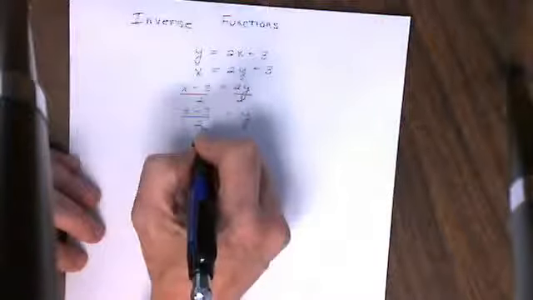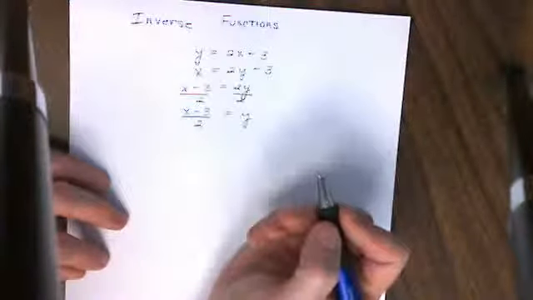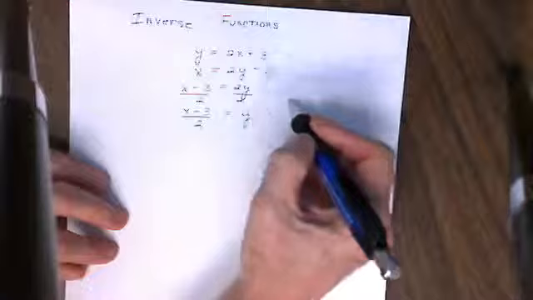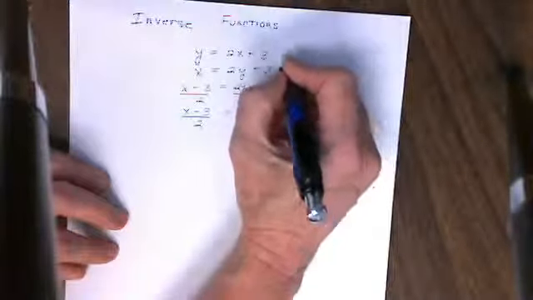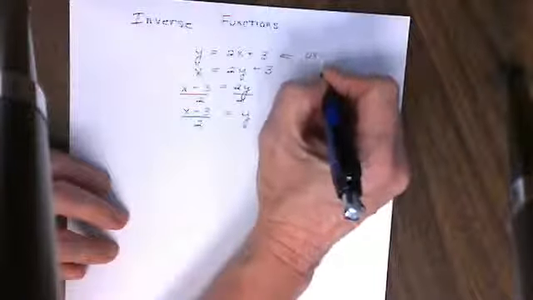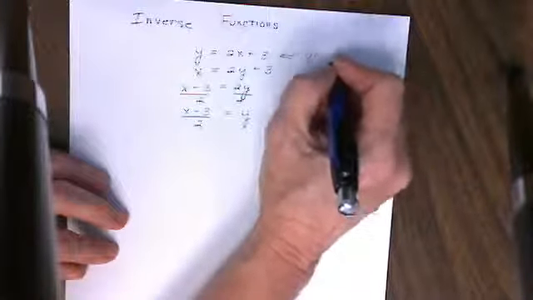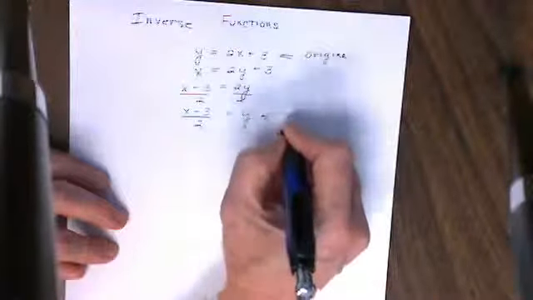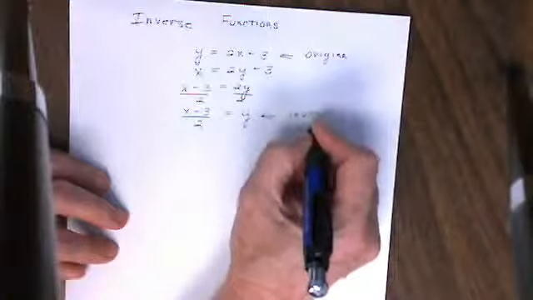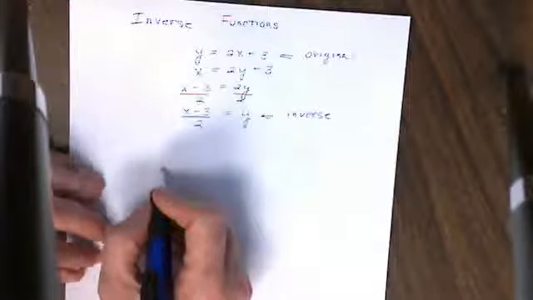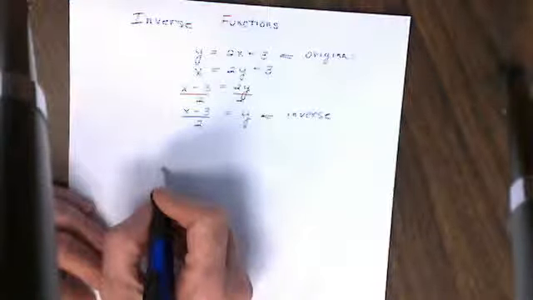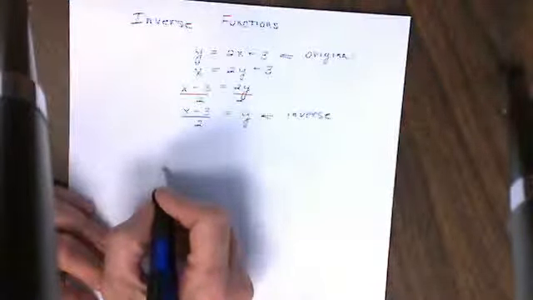Now, I want to show that there's a relationship between my original equation and this new equation. This is my original, and this is my inverse equation. To show that relationship, I'm going to use a different kind of mathematical notation.